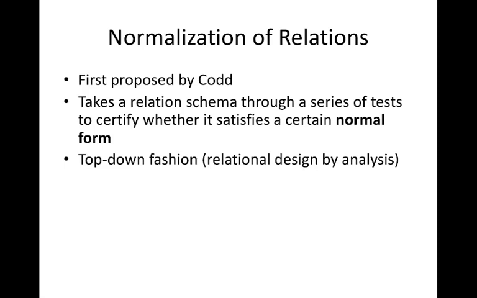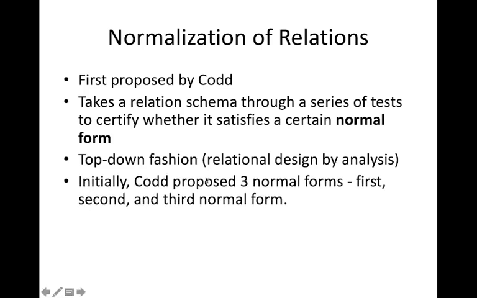In the previous lecture we have already seen relational database design, and there are two ways: one is top down and the other is bottom up. Here it is top down, so it is known as relational database design by analysis. Initially, Codd proposed three normal forms: first normal form, second normal form, and third normal form.